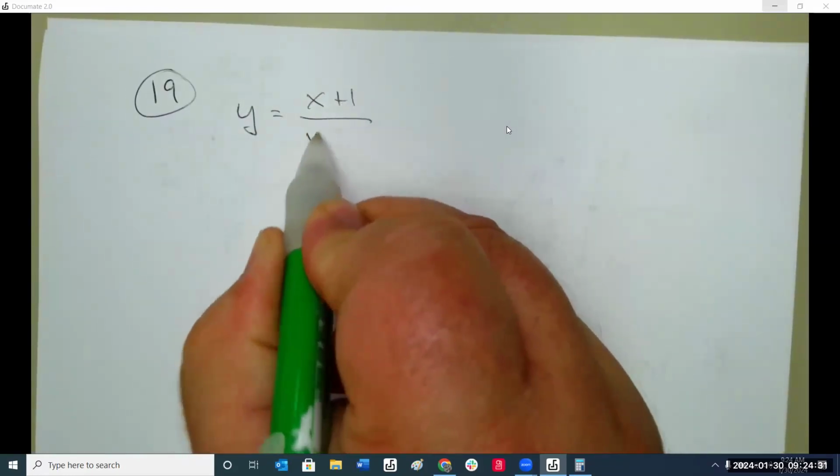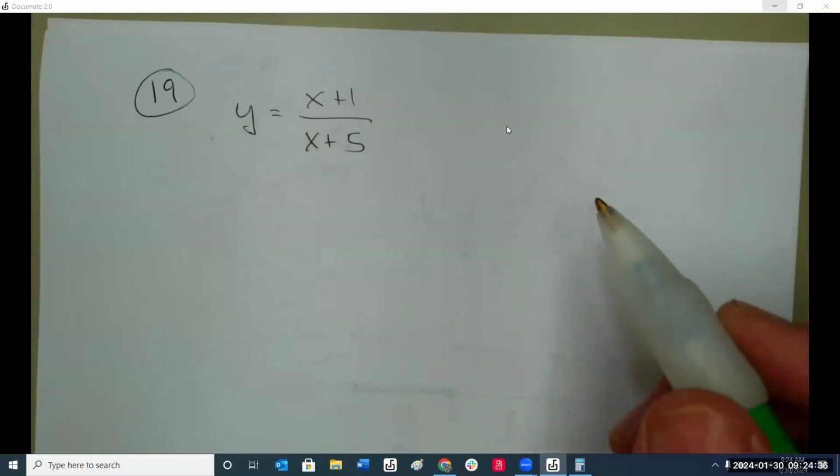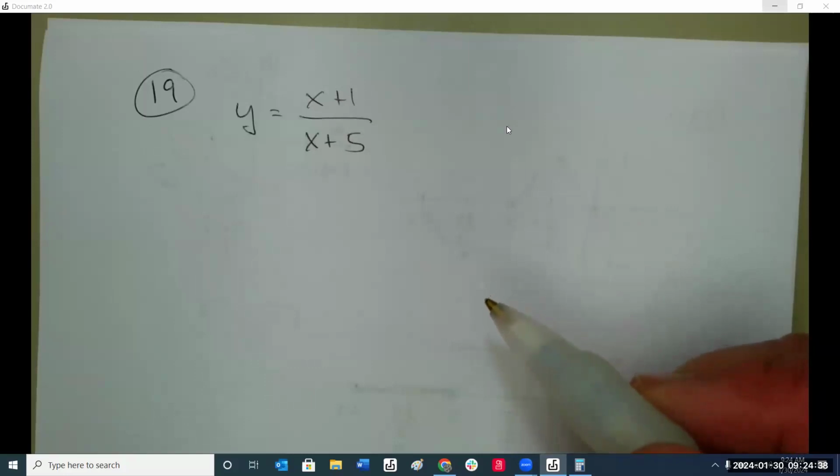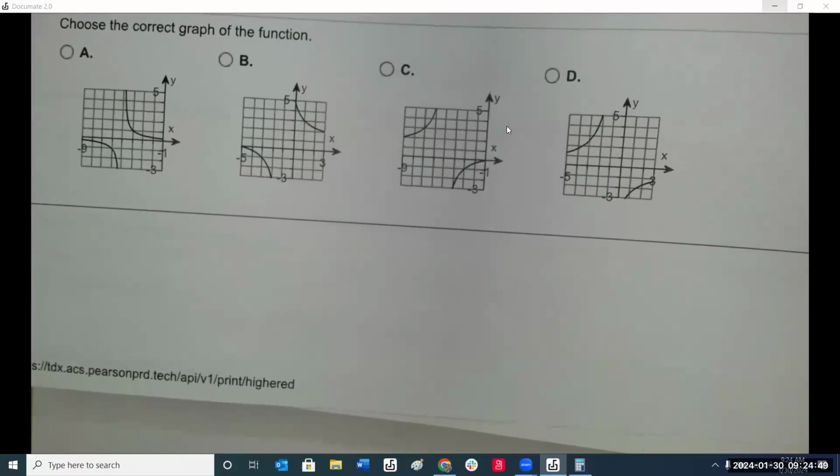X plus 1 over X plus 5. Determine an appropriate viewing window for the given function and use it to display its graph. What do we know about this graph? The options are these.